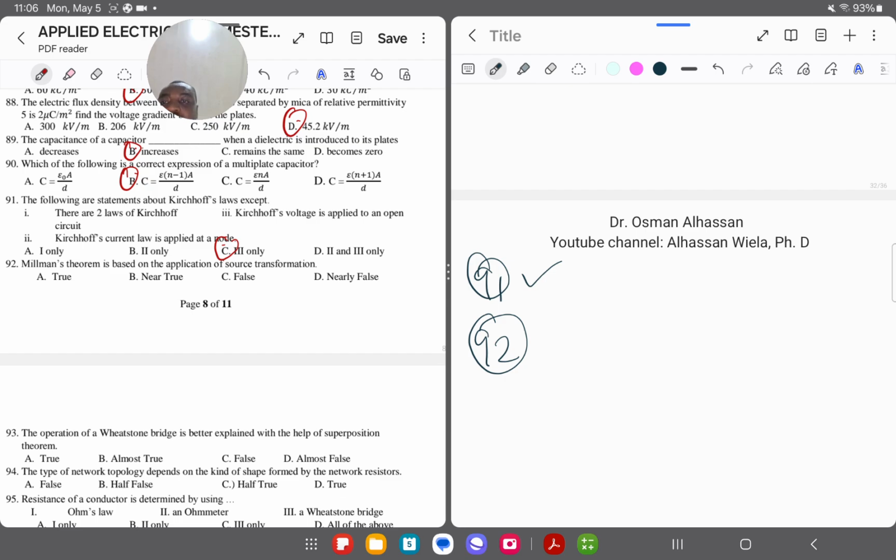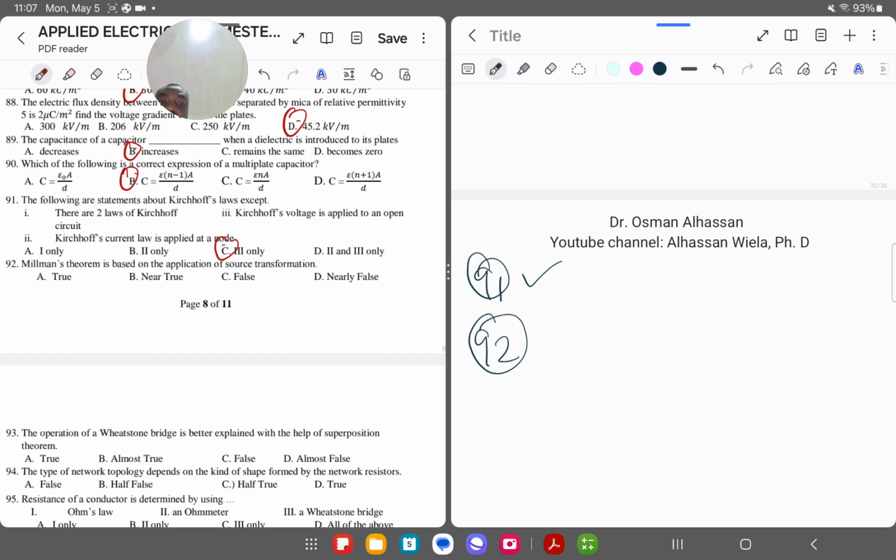Millman's theorem is actually based on what? Application of source transformation. Why? Because if you look at Millman's theorem, you have to get the equivalent circuit, right?